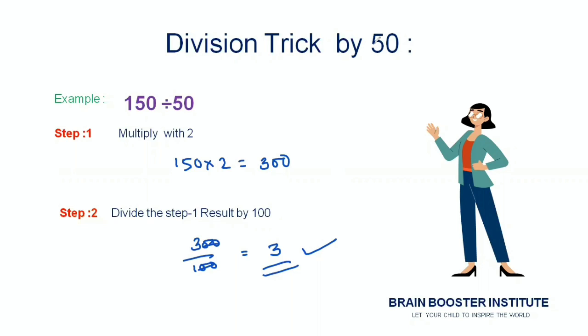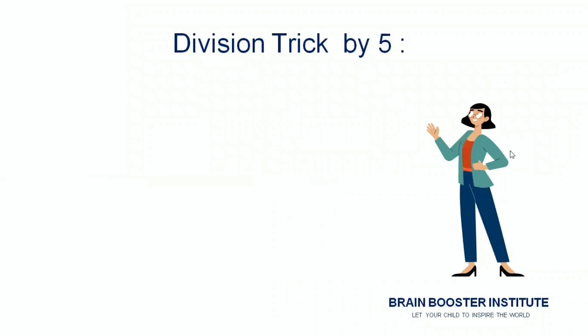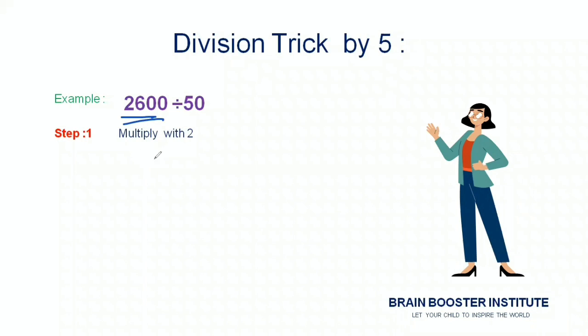Now, let's go to the next problem. Next, a 4-digit number by 50. Let us check whether it's applicable for a 4-digit number. Division trick by 50. Example: 2600 divided by 50. Let's go with step 1. Multiply the given number by 2, my dear friends.